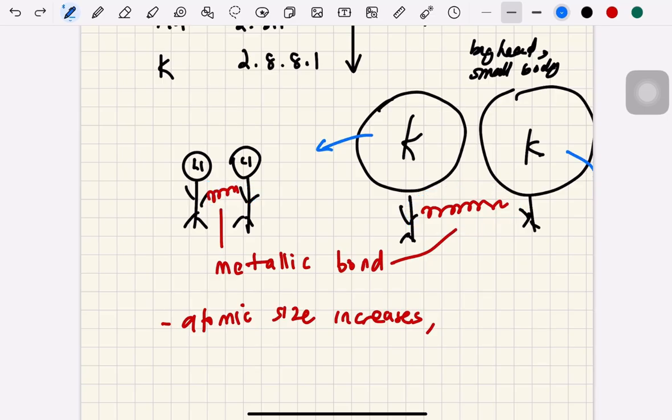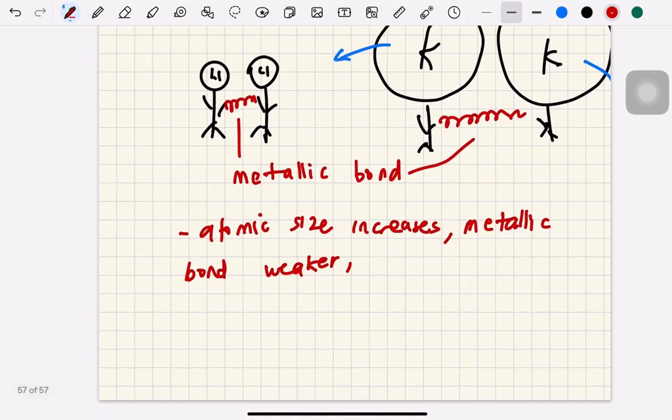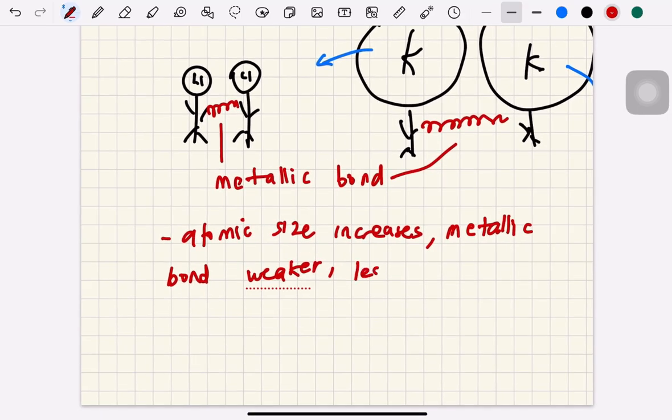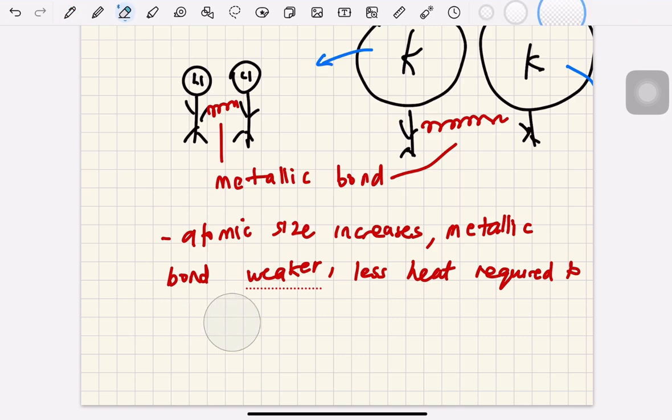So now we can say the metallic bond is getting weaker. Metallic bond weaker, meaning if it is weak, less heat is required to overcome the force of attraction.